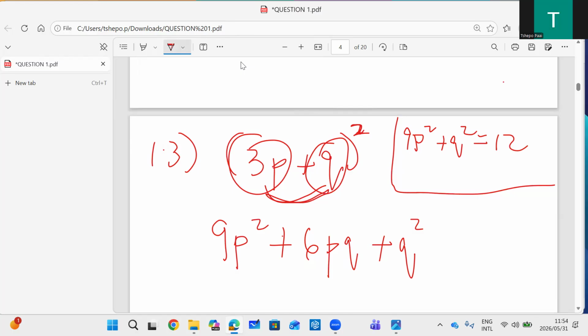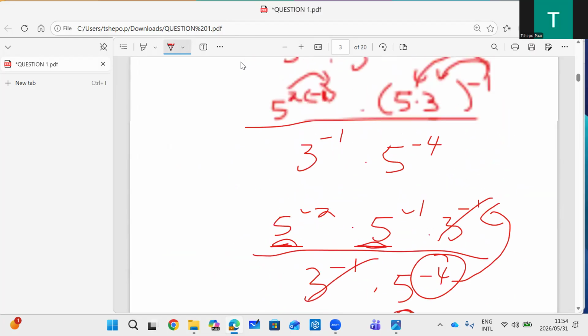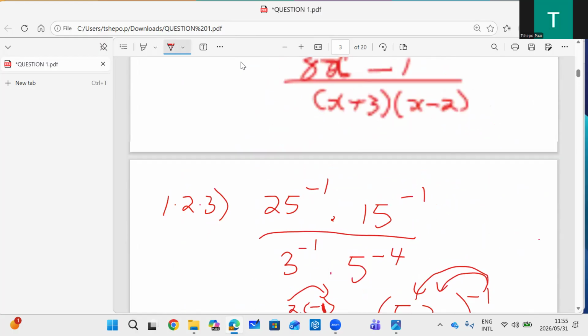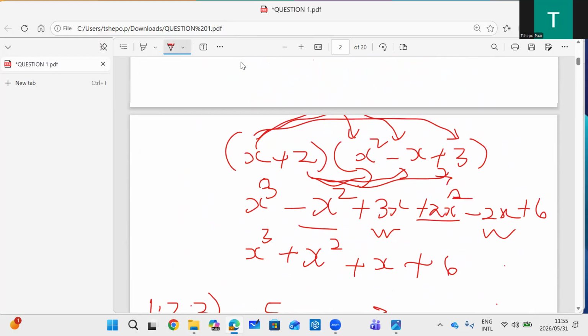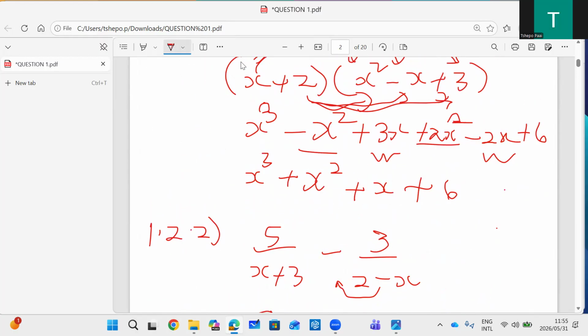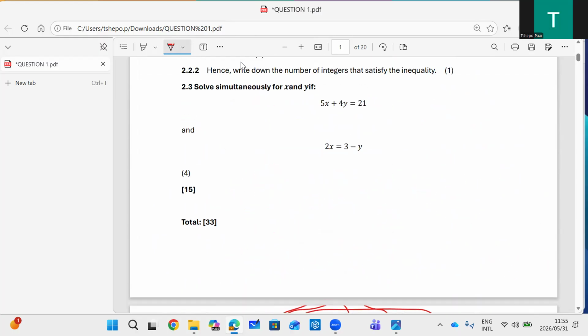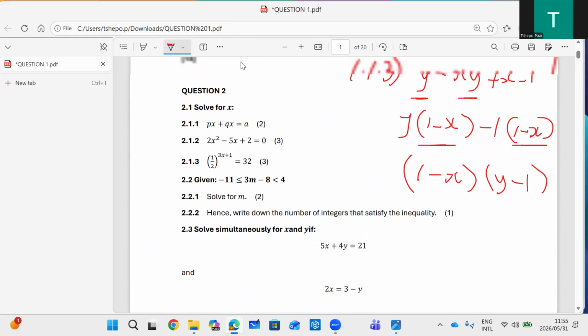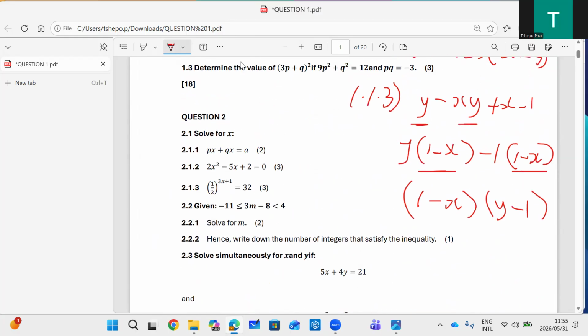And you are also given that pq equals, let me just check. We are told that pq equals minus 3.